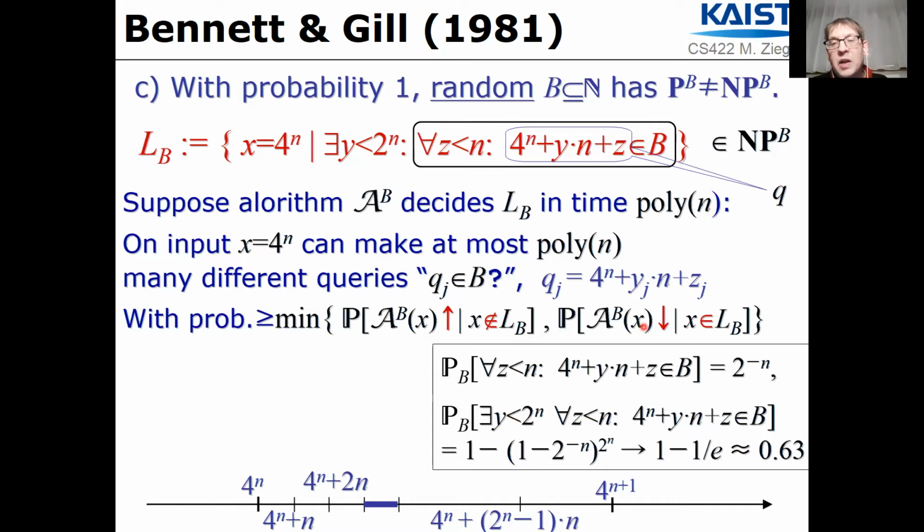Or the algorithm could reject under the condition that x actually belongs to this. So these are conditional probabilities, all with respect to the random oracle. And we're going to show that both these conditional probabilities are positive. And therefore, there's a positive probability that the algorithm makes a mistake on input x.